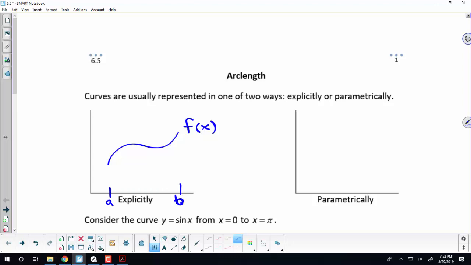You might remember from implicit differentiation that we can represent curves implicitly, and that's where we got all those weird shapes, like an infinity, or flowers, which were implicitly defined curves. And we can define curves parametrically, which we'll talk about in chapter 12.